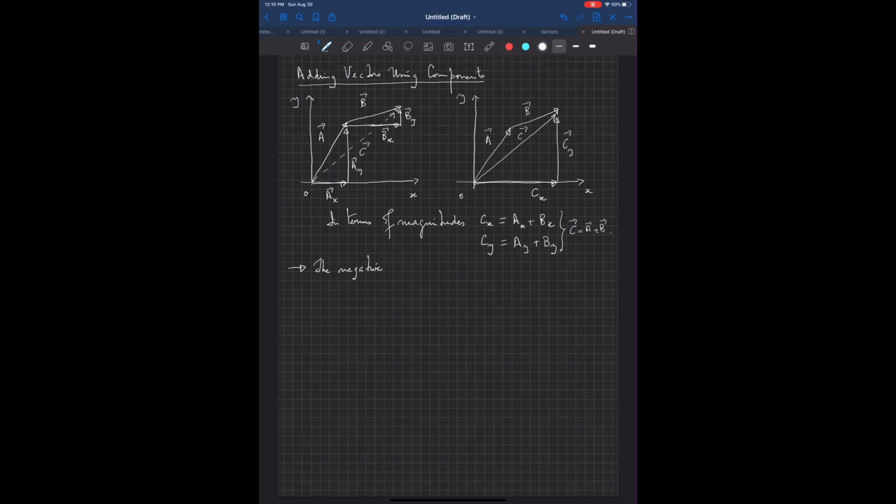The negative of a vector is represented by an arrow of the same length as the original vector, but pointing in the opposite direction.